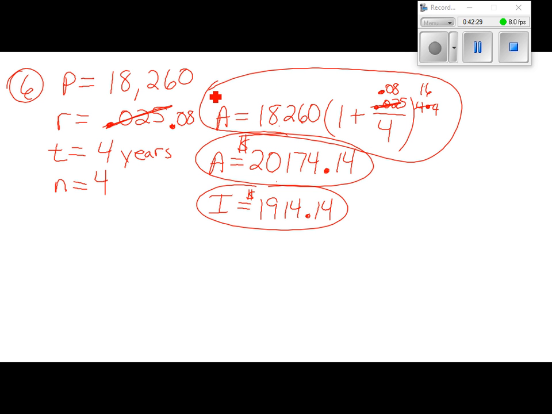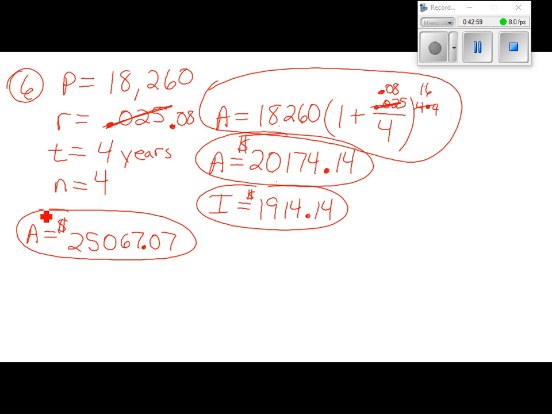What's it give you? $25,067 and 7 cents. That's a pretty good amount. If you can find an account that's gonna pay you like 8%, 10%, you could almost buy a truck out of it. Then if we subtract that, we earn almost $7,000 in interest over those 4 years.